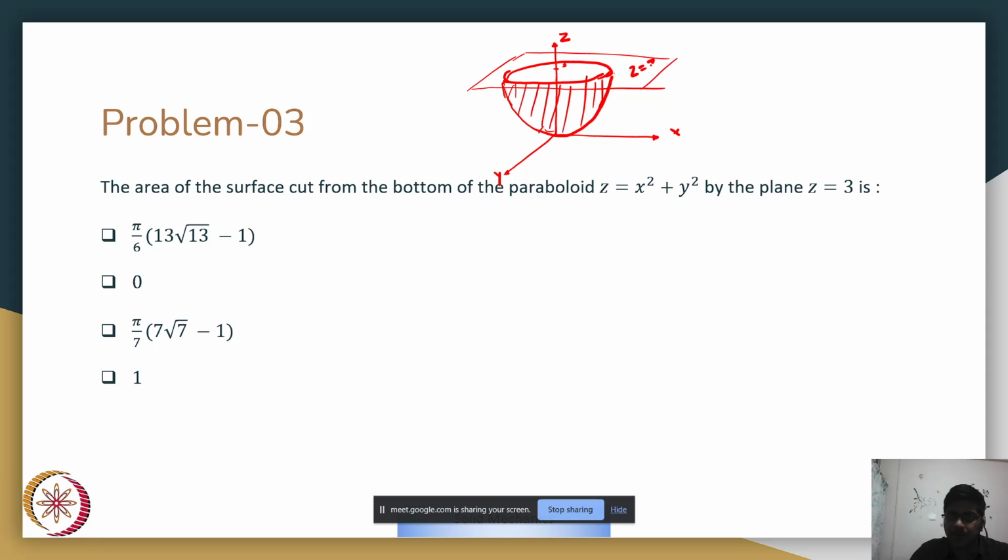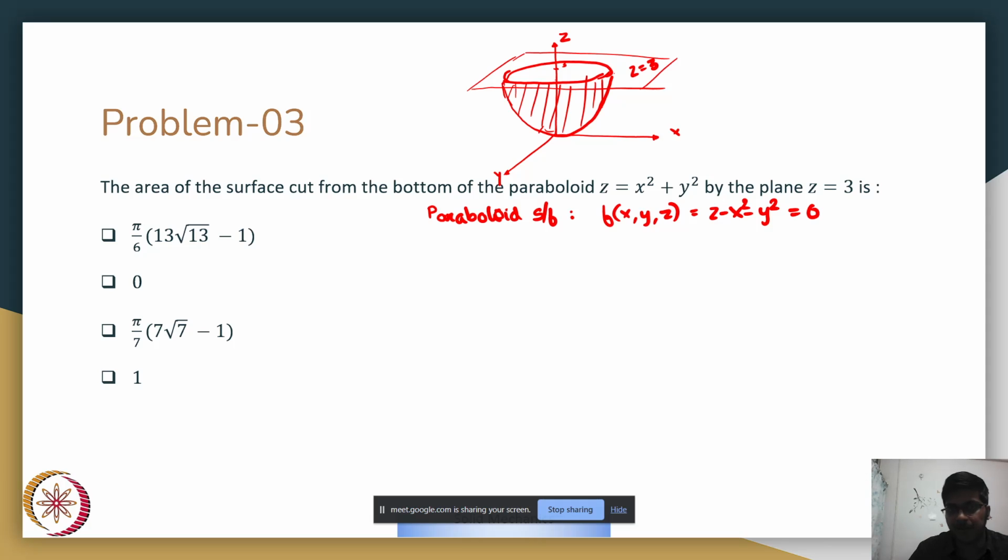This plane is z equal to 3. So I'll write, the paraboloid surface is given by the equation f(x, y, z) equal to z minus x² minus y², which is 0 in this case.